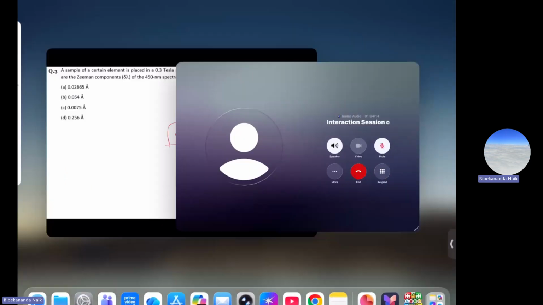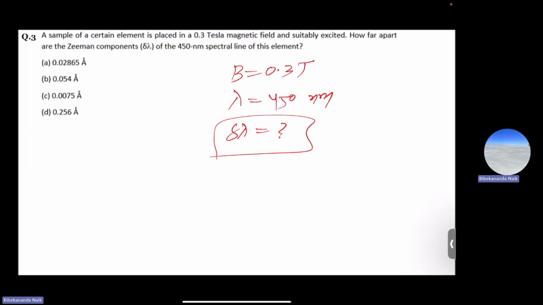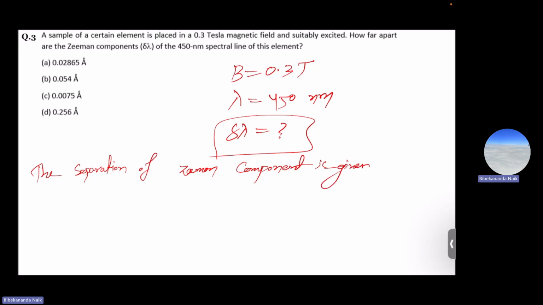So now if we solve it. It says a sample of certain element is placed in 0.3 Tesla, and we know the separation of Zeeman component is given by delta nu equals eB by 4 pi m.